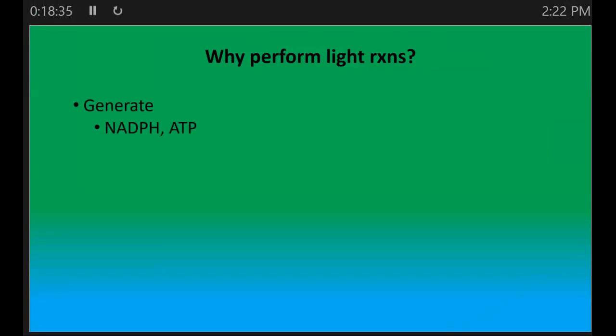We'll explain how this happens, but basically the whole point is to get NADPH and ATP. The reason they want that is because it's going to be used for part 2 of photosynthesis, the part where carbon dioxide comes in and carbohydrate is made. So that's their goal. The oxygen is one of the products, and they don't really care about that. It's not really meeting their goal of getting sugars made.